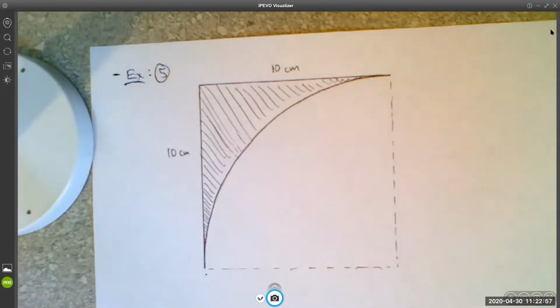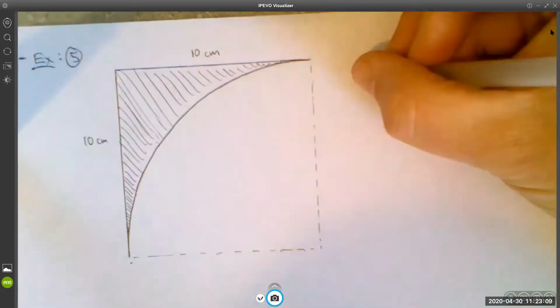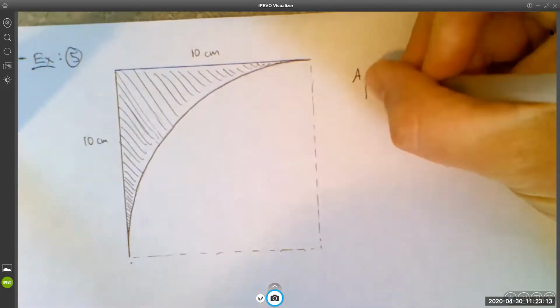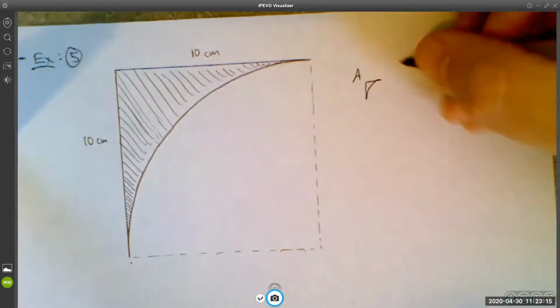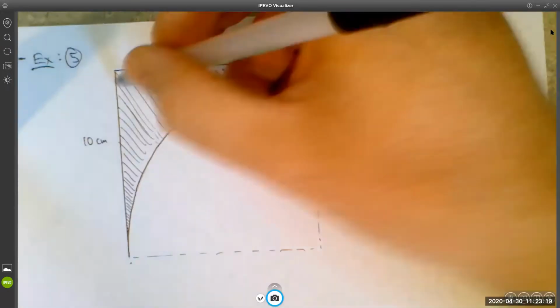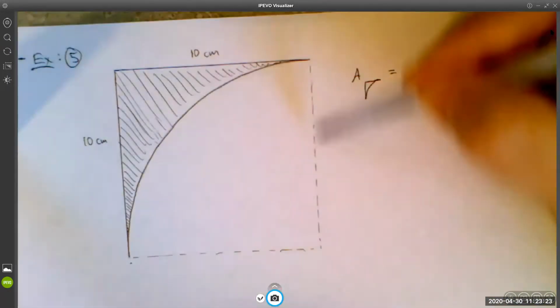Okay, so now here's my solution. I'm going to do a very similar thing to what I did before, right? If I want to find the area of this boomerang, then what I can do is find the area of the entire square and then subtract off the area of the quarter circle, right?